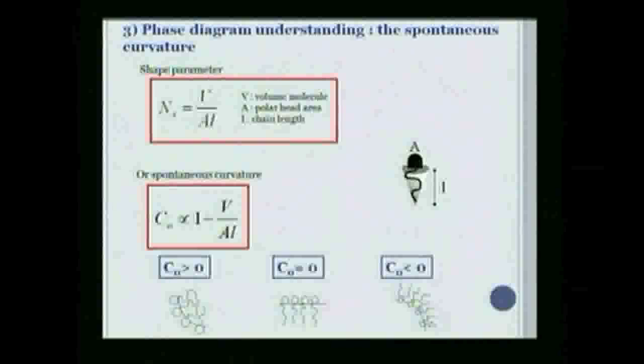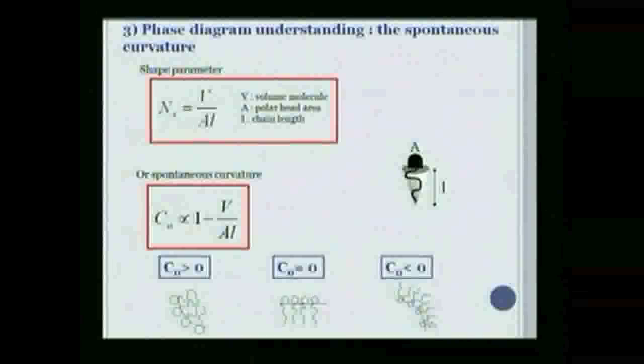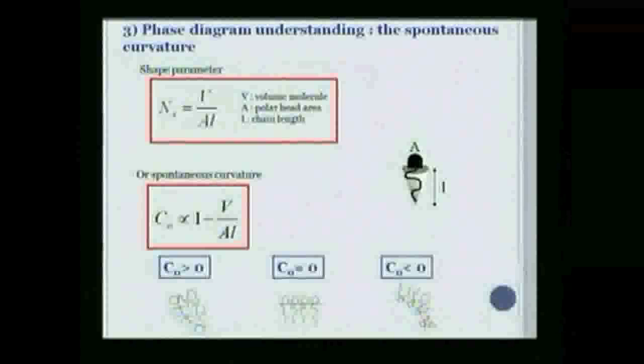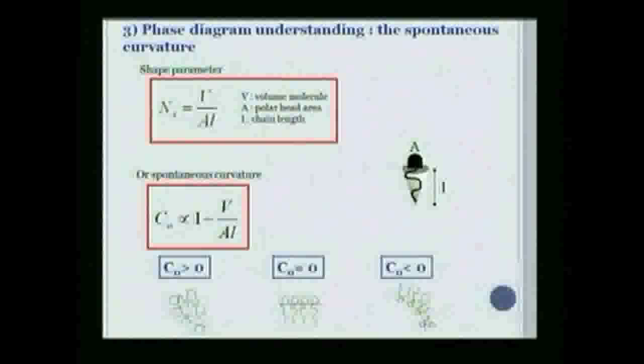Okay? So you can rather define this shape parameter, which is geometric, or what we call, and it's more used than the shape parameter, the spontaneous curvature of the surfactant, which is simply 1 minus this shape parameter. Okay? It's related to the shape parameter, of course.